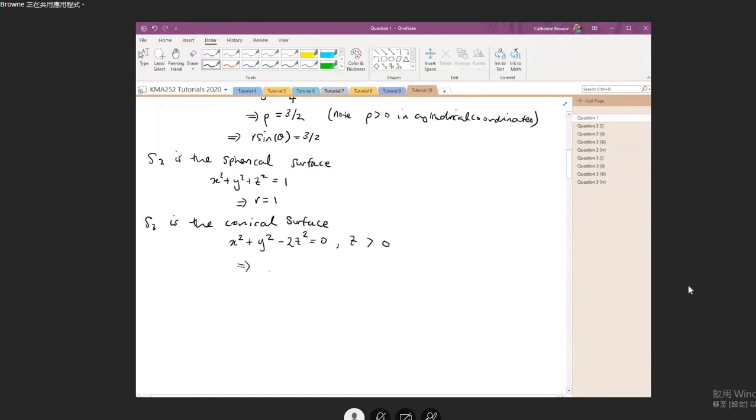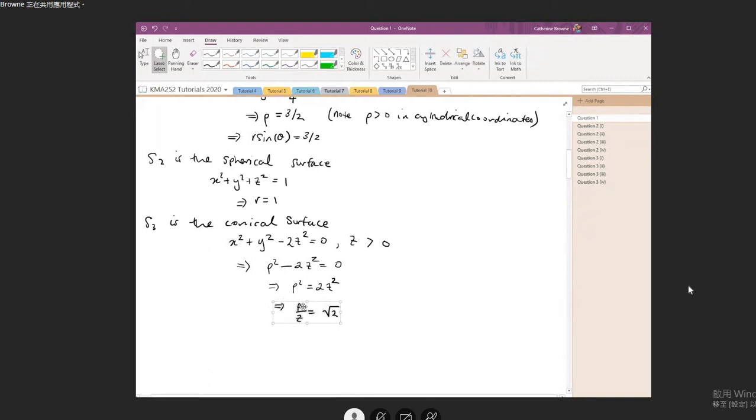So we get rho squared minus 2z squared equals 0, or rho is just equal to root 2 z.